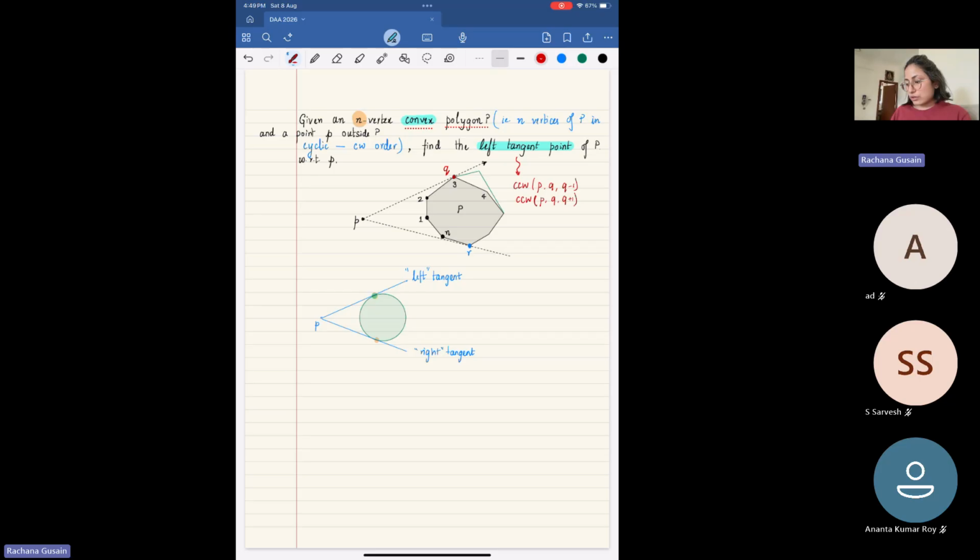Both are going to be at the right, so this is less than 0, and this is less than 0. That is the identifying property for the left tangent point. Using this, we can find Q in linear time.